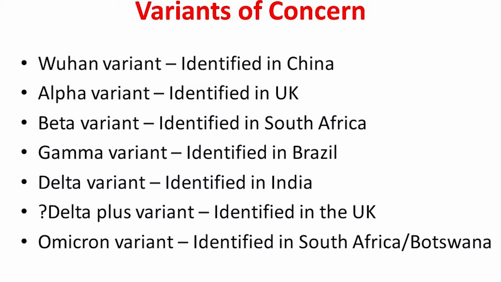Then we had the Gamma variant that was identified in Brazil. Then the Delta variant that has been ravaging the whole world, that was first identified in India. At some point, there was some talk about a Delta plus variant, but it did not reach a level of variant of concern. And now currently, we have the Omicron variant, which was first identified in South Africa and Botswana.